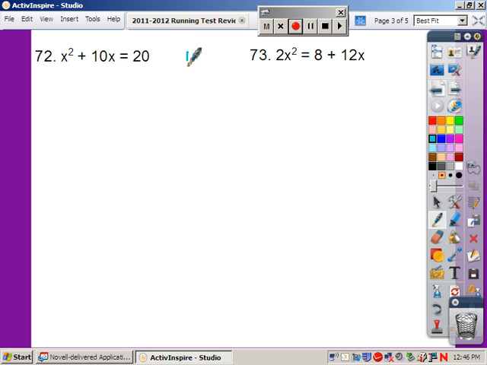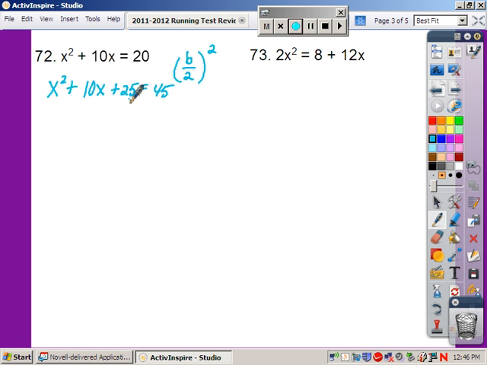Completing the square formula is b over 2 squared. So b is the number that's next to x. So in this case, the number we're going to put in here is going to be 10 over 2, that's 5, squared is 25. I'm going to add a 25 in here. And because I added it here, I've got to add it here. So that's 45.